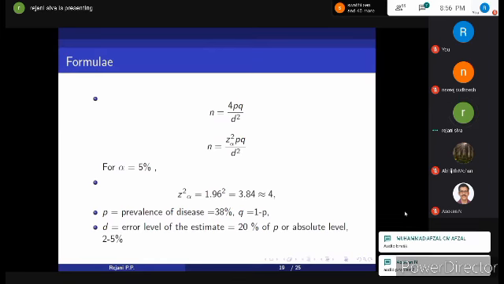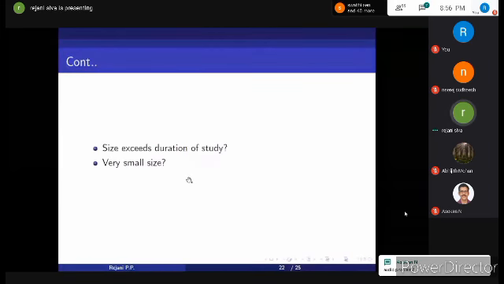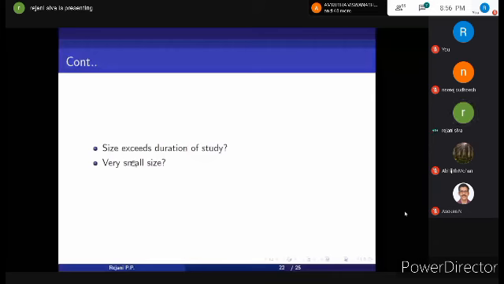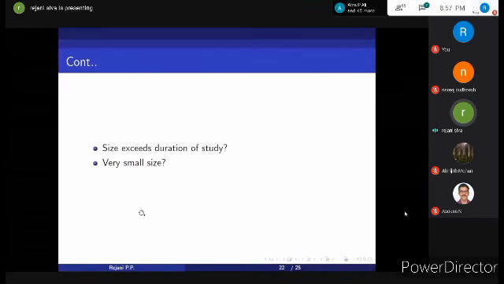It's important. You have to face these two problems. First, the size exceeds the duration of the study. You have a maximum of 1.5 years to complete the study, and suppose your sample size is 10,000 or 1 lakh. How will you manage the situation?